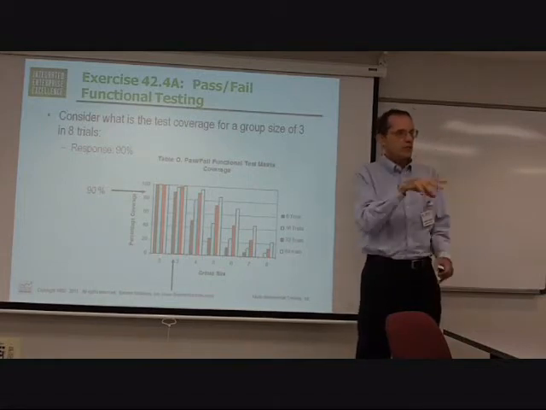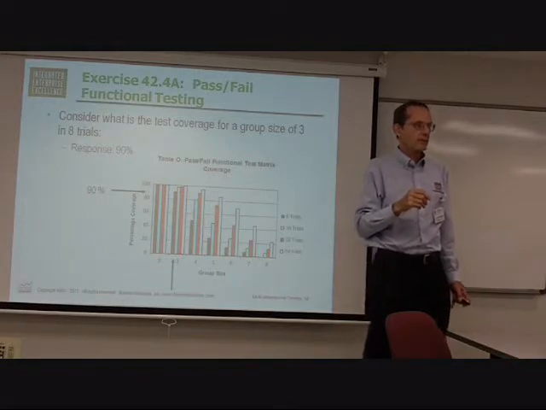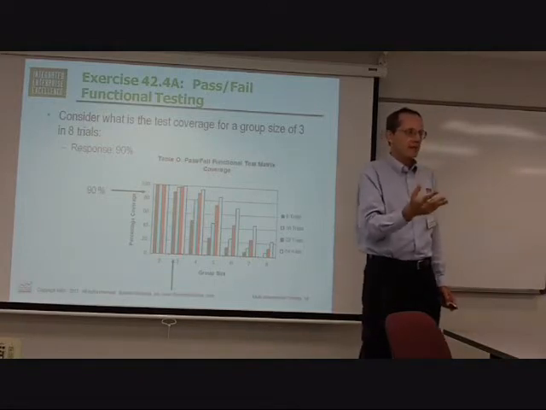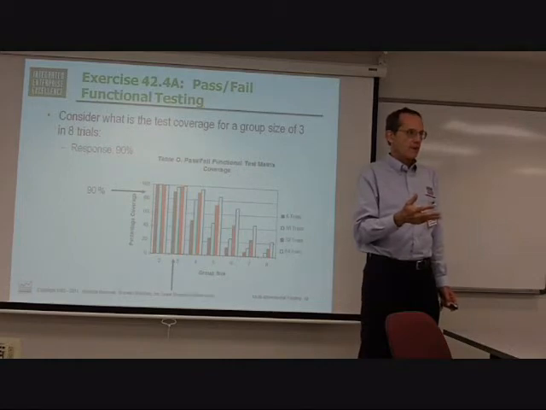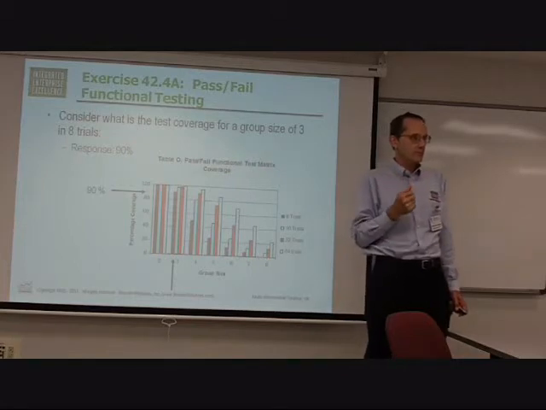Okay, but when you look at all those possible combinations, it turns out to 280 possible combinations. And all I'm saying is, by simulation, I determined that 90% coverage is a valid number for that particular situation. Group size of 3.